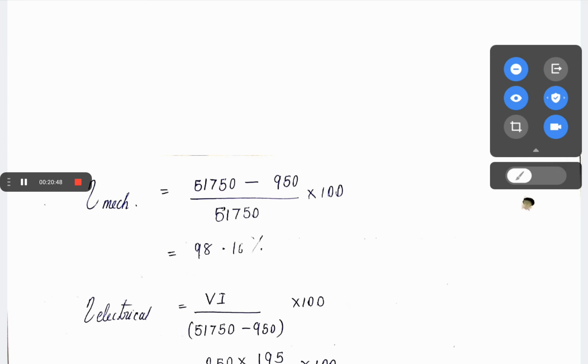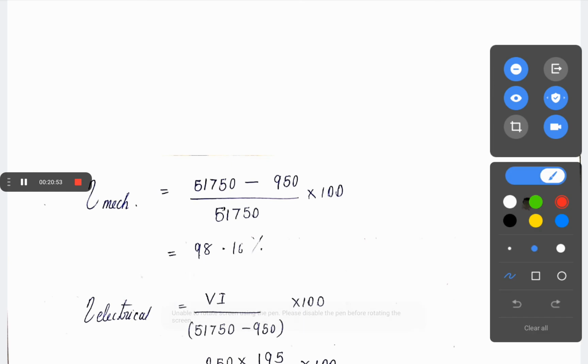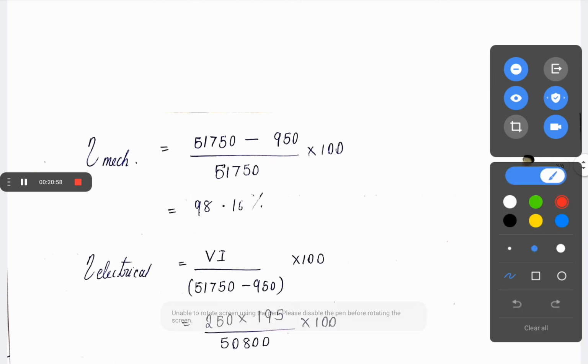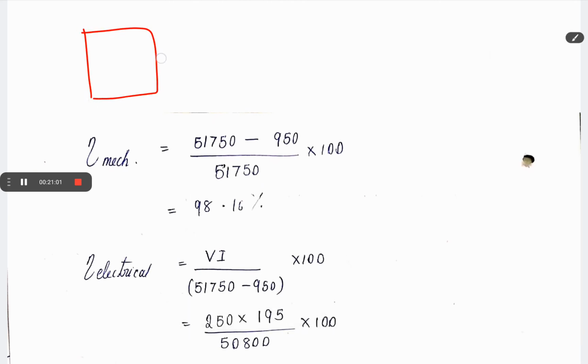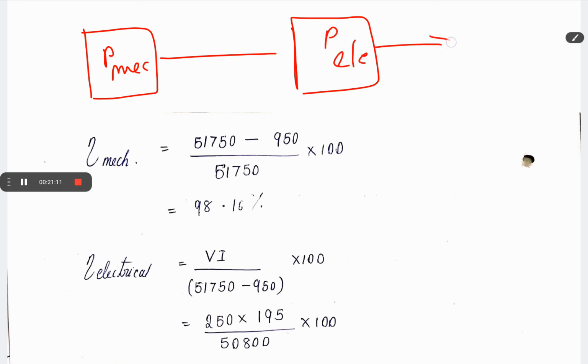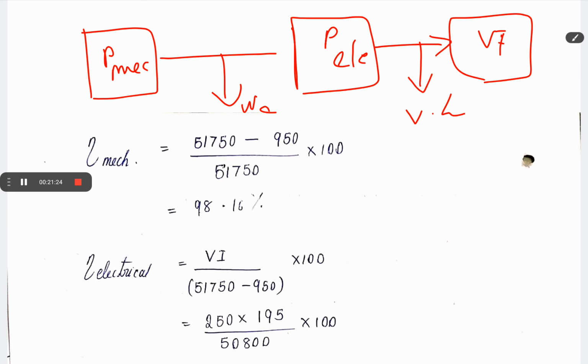Then mechanical efficiency. How can you calculate the mechanical efficiency? Again I will just explain. In your power stages, the first stage is the mechanical power, the second stage is the electrical power, and VI, the power output, is the third stage. Constant losses are here and variable losses are present here.